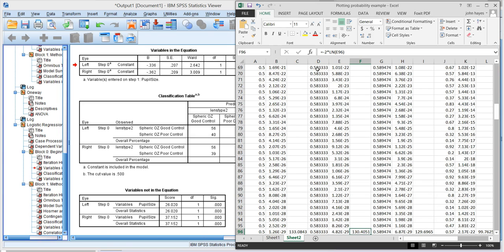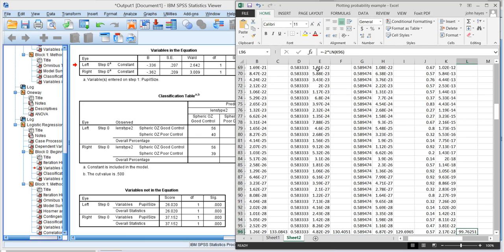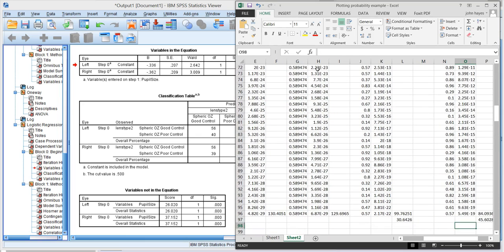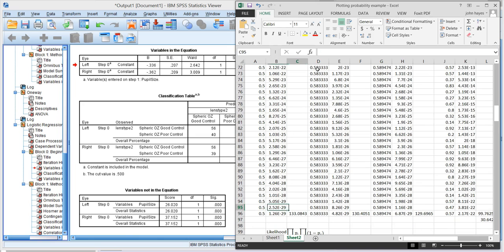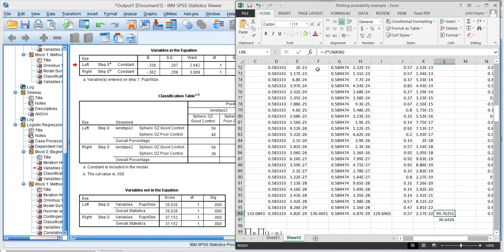And that has a log likelihood of 130 for the left eye. So it's 130 if pupil size isn't there, and the log likelihood is 99 if it is.